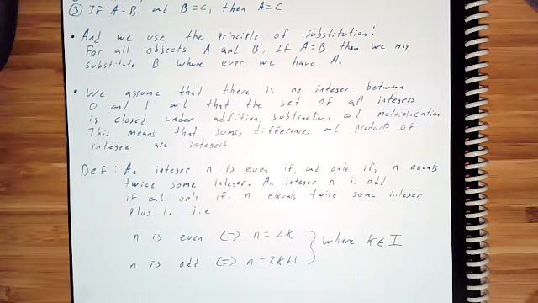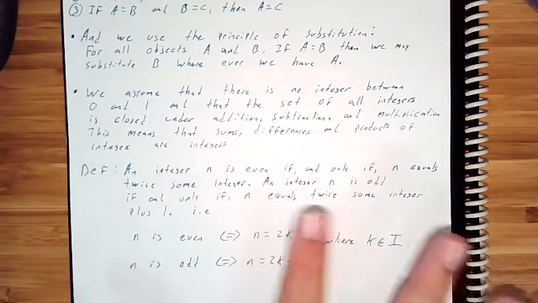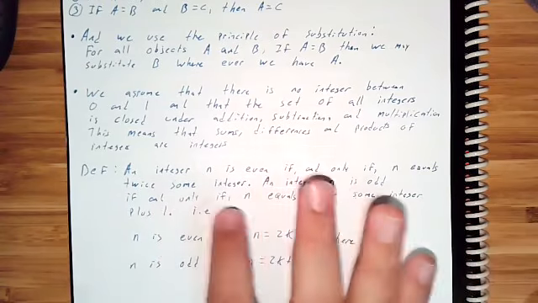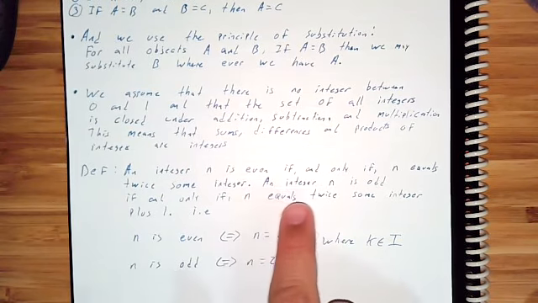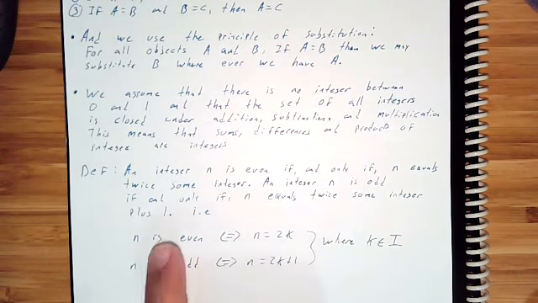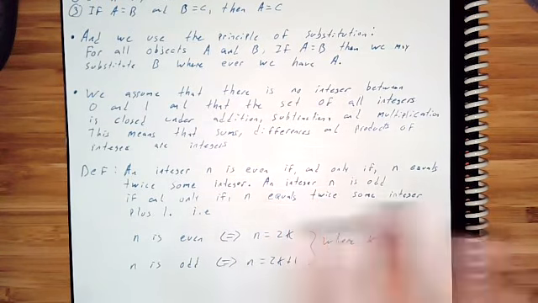Now let's talk about definitions of even and odd. So an integer n is even if and only if n equals twice some integer. So if you can write a number as 2 times something, it's considered to be even. An integer n is odd if and only if n equals twice some integer plus 1.